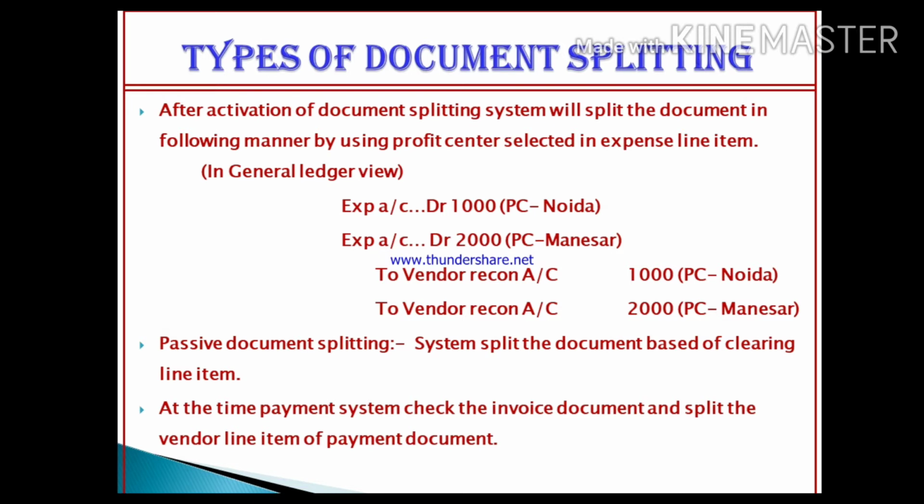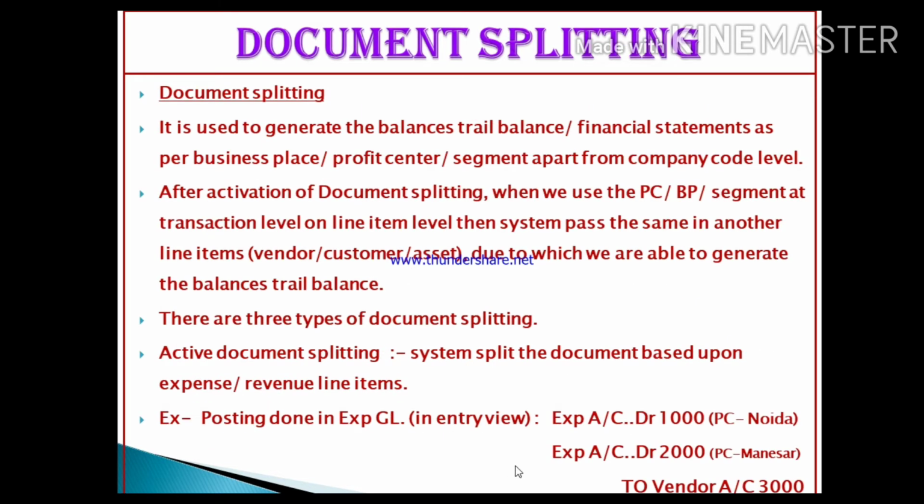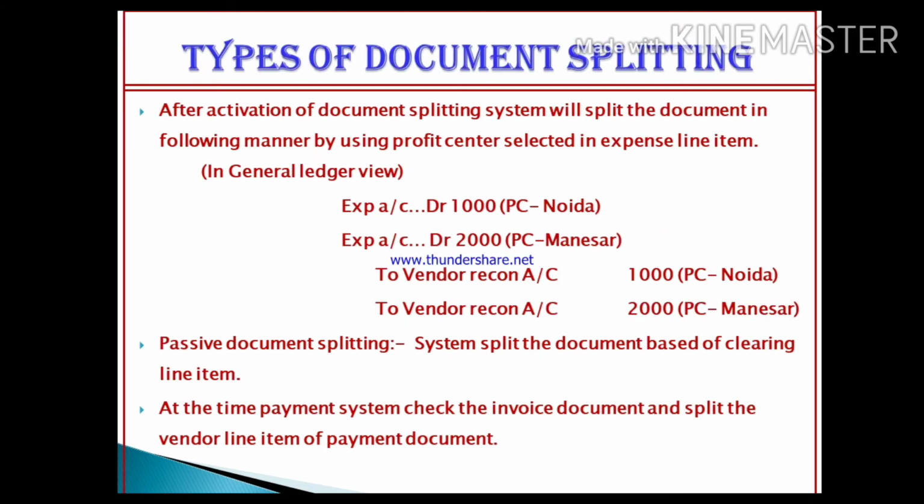After activation, the system will split the document in the following manner by using the profit center selected in the expense line item. So there are two types of view. First, I have discussed the entry view, which we enter before activating the document splitting. This is how the system does the transaction in the simple manner before activating the document splitting.